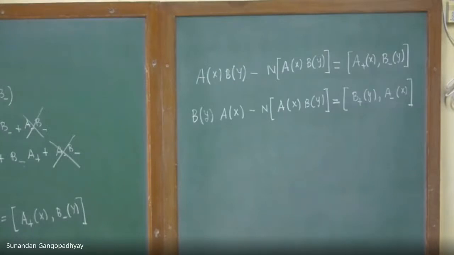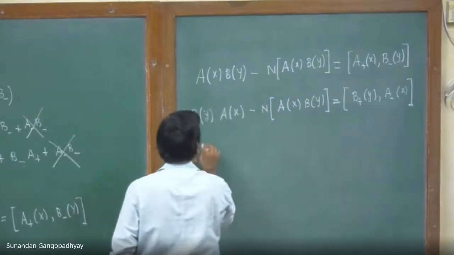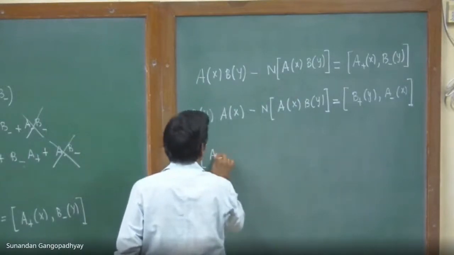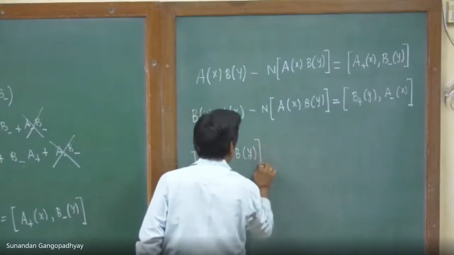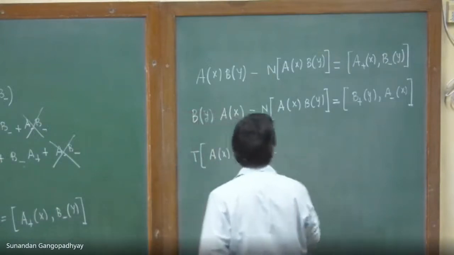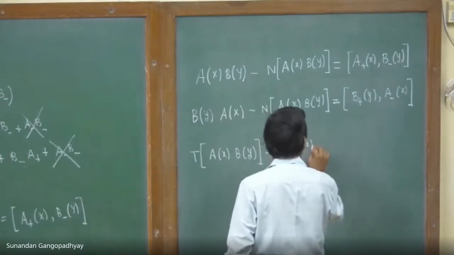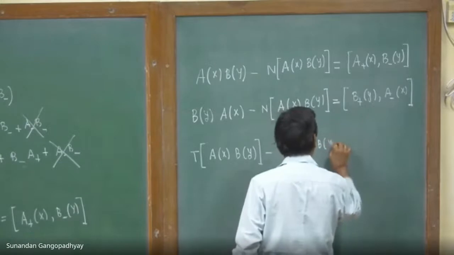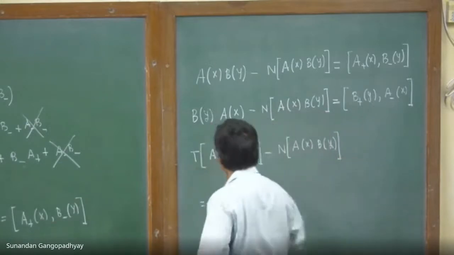So what we can do is we can write these two results as time order product of Ax By minus normal order product of Ax By. So when x is greater than y, then Ax will be on the left hand side of By, right?